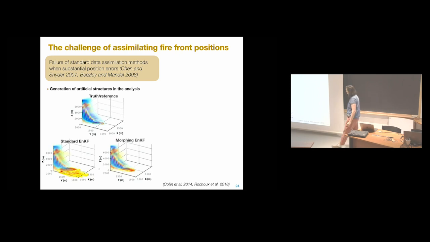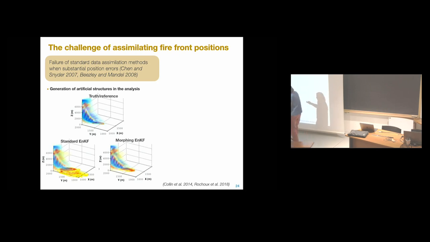Another issue when you want to assimilate fire fronts is that it's not a standard data assimilation problem. It's not like you estimate the temperature, which is an amplitude error. When you have a front, you have position errors. And actually, some people from NCAR, for hurricane tracking, and also from the University of Colorado for wildfire, have shown that standard data assimilation may fail if you have too substantial differences between the observation and your model prediction.